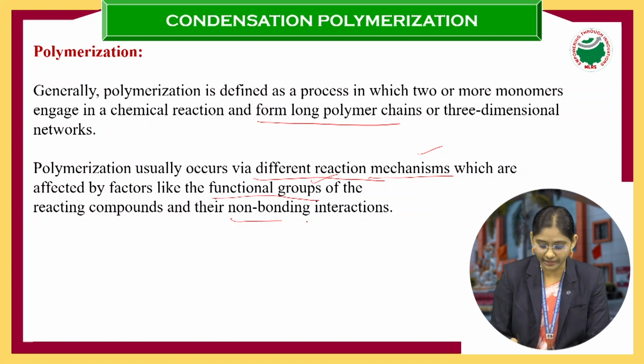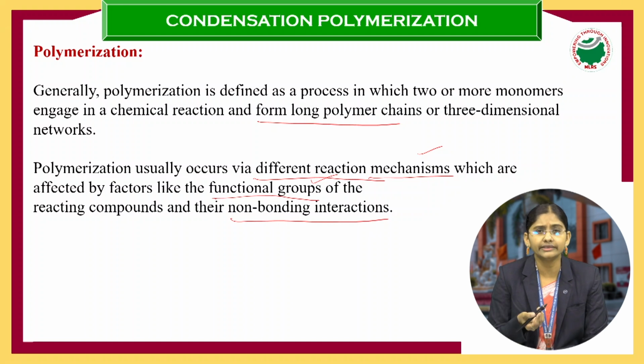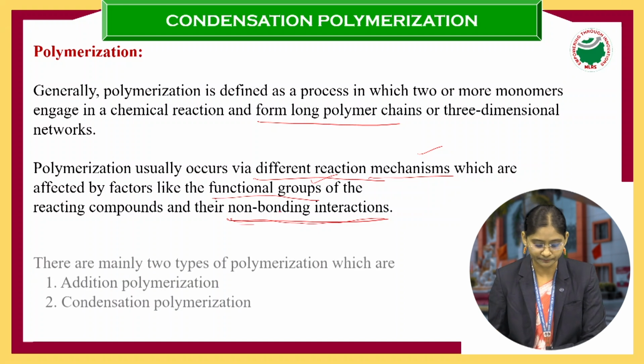One more factor is the non-bonding interactions. Non-bonding interactions means there is no exchange of electrons or free radicals, like van der Waals interactions, hydrogen bonding, ion-ion interactions, and dipole-dipole interactions. These are called non-bonding interactions.